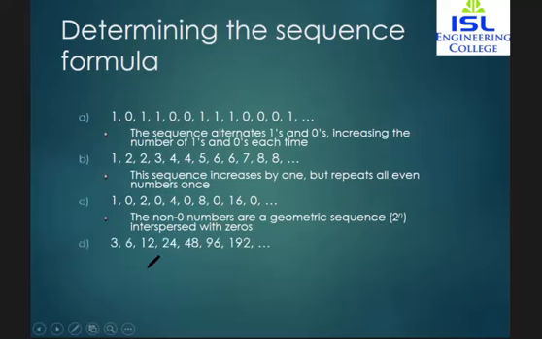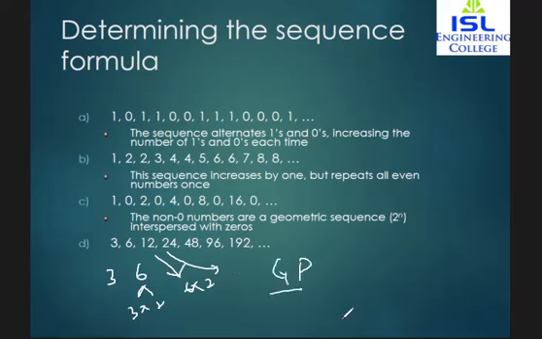Now what about this? 3, 6, 12, 24. Over here, this is 3. Then 6 can be written as 3 into 2. 12 can be written as 6 into 2. So each number is being multiplied by 2. This is a geometric progression.